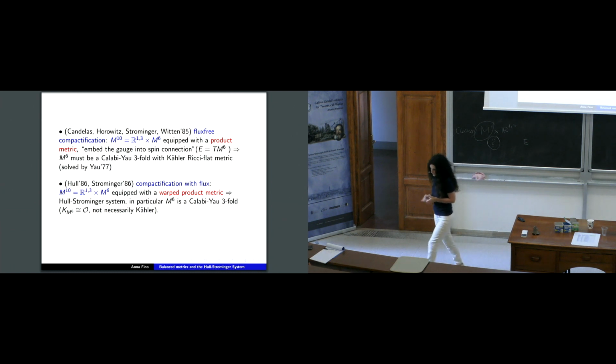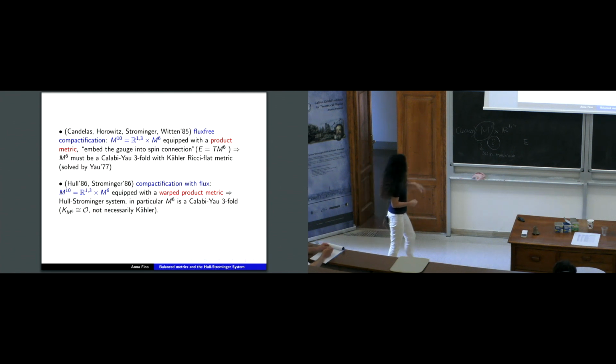Motivation for that: the first important solutions for that system were found by Candelas, Horowitz, Strominger, and Witten in '85. And okay, the type of structure that you have here is in fact what is called an SU(3) structure. So we have a complex structure, we have a (3,0) form, and also a (1,1) form, a metric, ω.